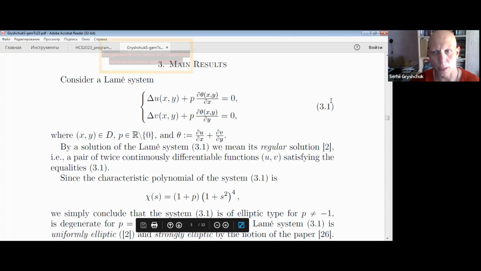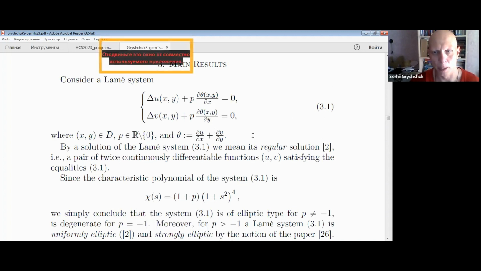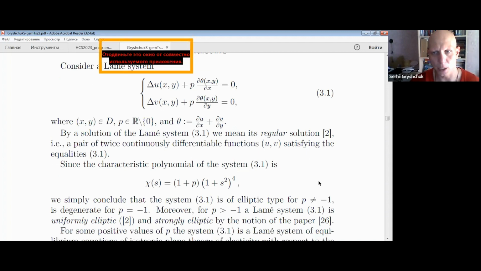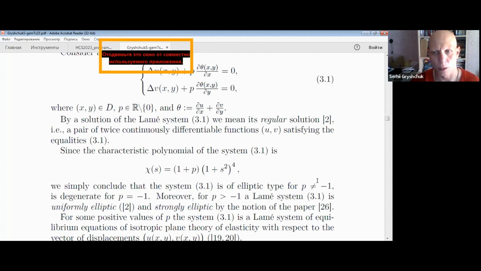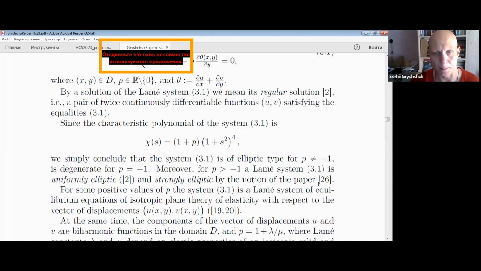Equation 3.1 is of elliptic type if p isn't equal to -1, and when p equals -1, it is degenerating.